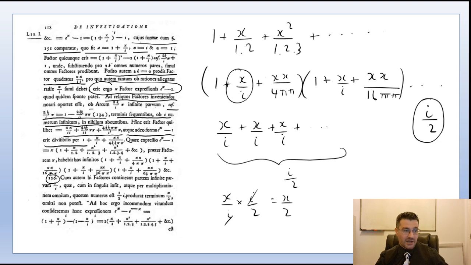So what he's not happy about is that this infinitely small term can't be eliminated from each of these factors, because when expanded out, it yields a finite non-zero contribution to the whole.